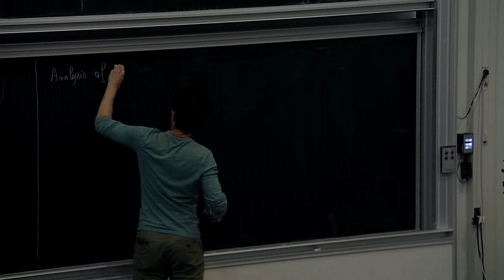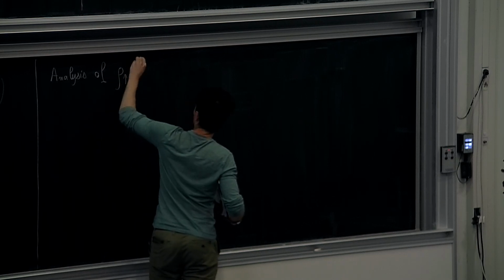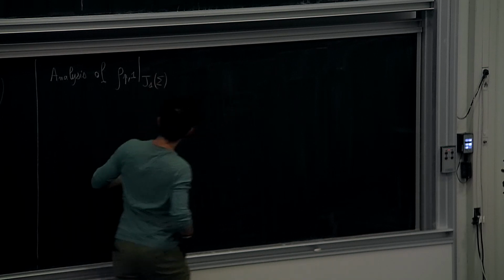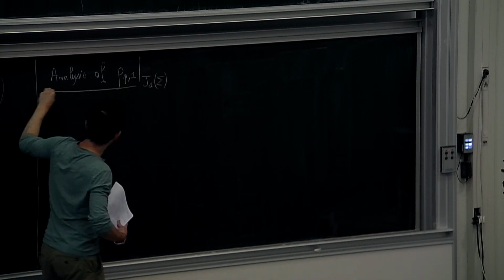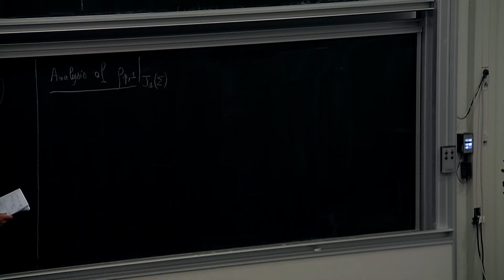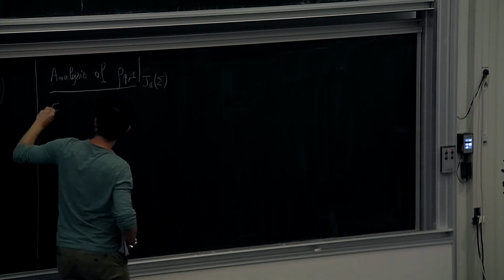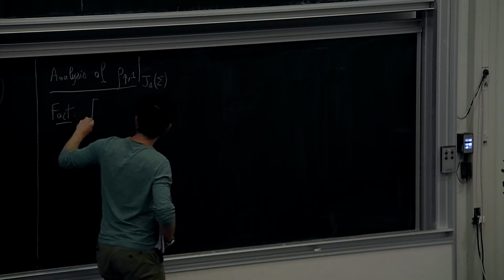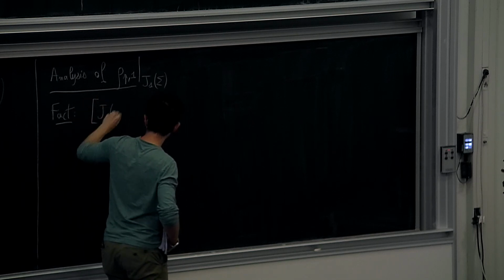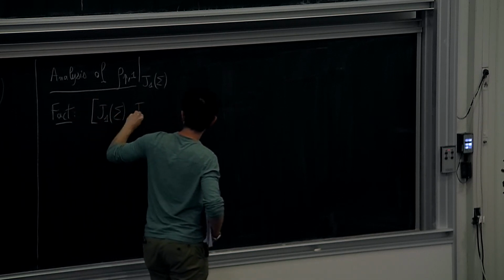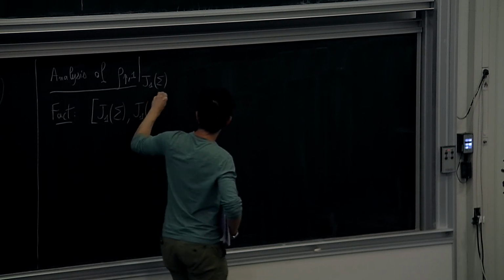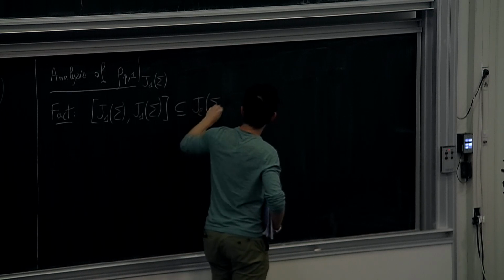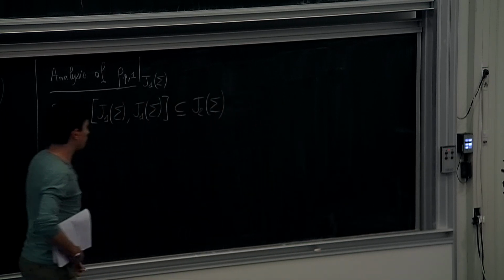In fact, what we really want to do is to study rho p1 restricted to the Torelli group. We have a first fact that will help us, which is that the commutator subgroup of the Torelli group is included in the Johnson subgroup J2 of sigma.